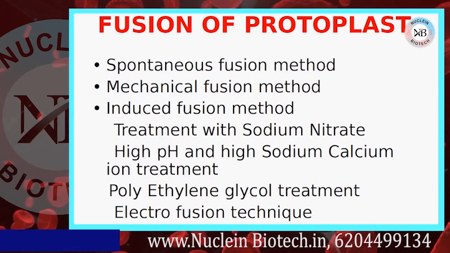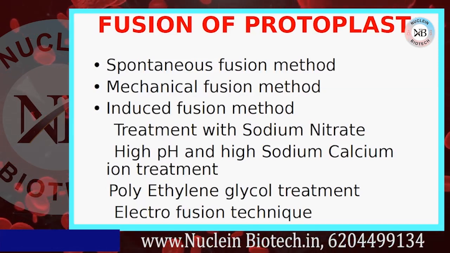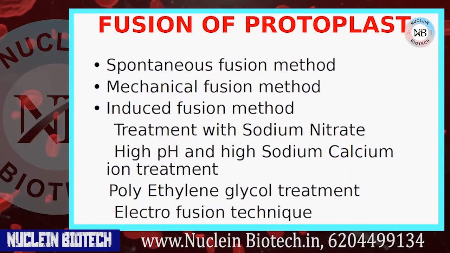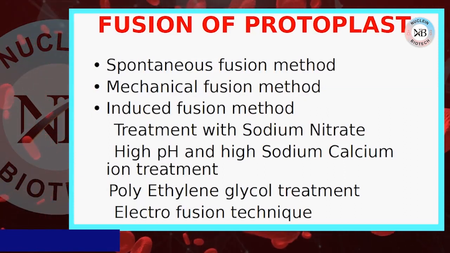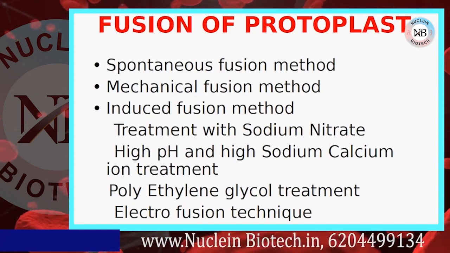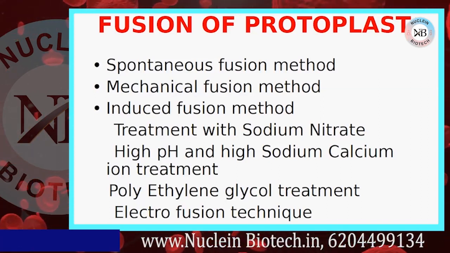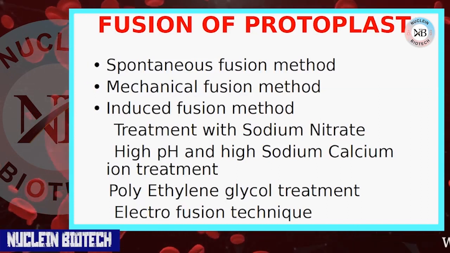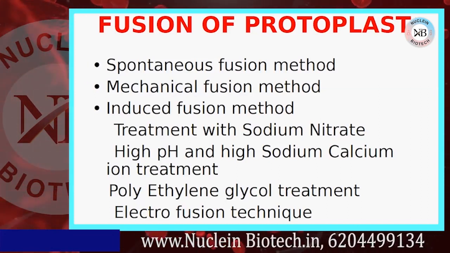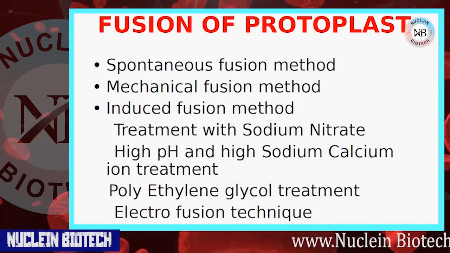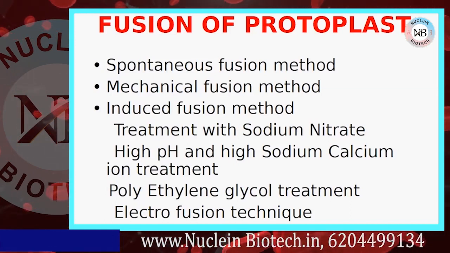Here, pH should be 10.5 and temperature approximately 37 degrees Celsius for 30 to 40 minutes. After this, aggregation of protoplasts and fusion usually occurs within 10 minutes. By this method, 20 to 25% of protoplasts are involved in fusion.